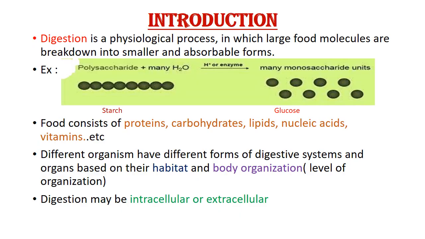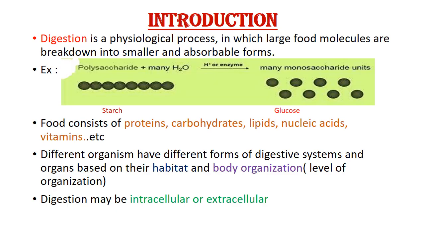Already you know the different levels of organization: cellular level, tissue level, organ level, and organ system level. According to their body organization, they have different structures in their digestive system which aid digestion.